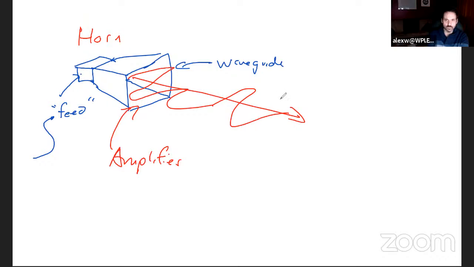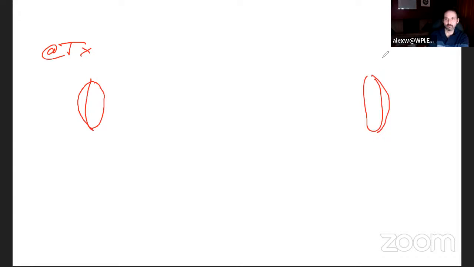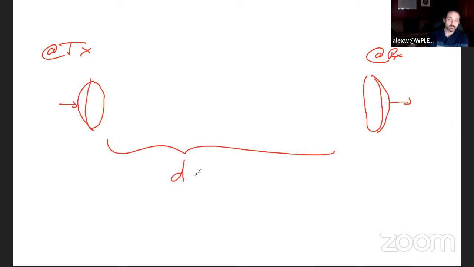So, antennas. Let's look at a use case. Suppose you have a parabolic antenna at the transmitter, and another at the receiver, separated by some distance in meters.